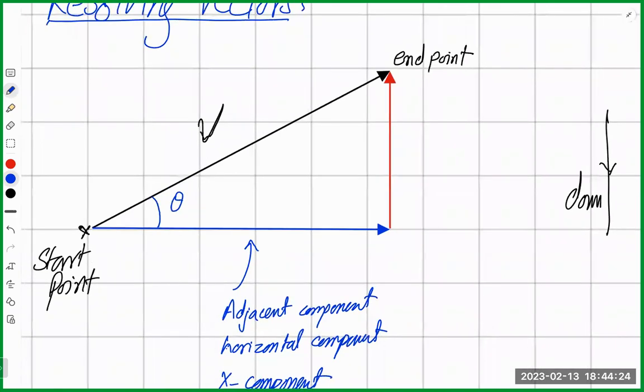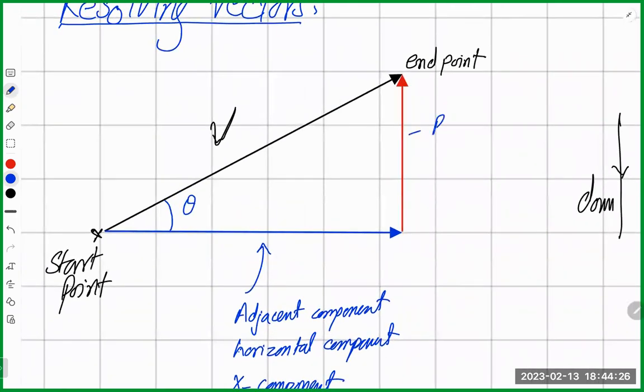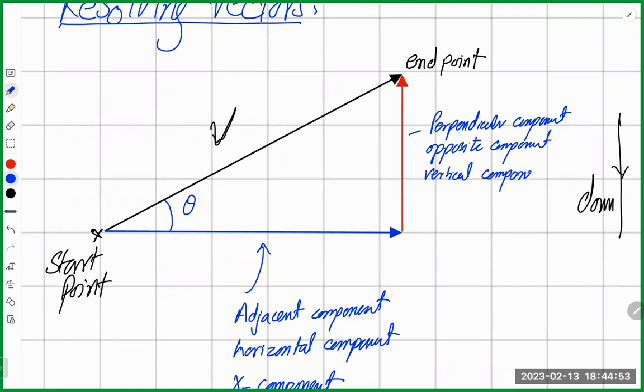What about this one? This is perpendicular component. This is opposite component. This is vertical component, or we can also say it is Y component.